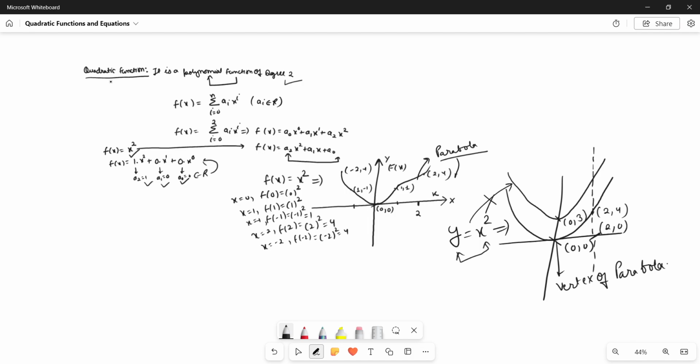Now tell me what is going to be this distance. This distance is nothing but 3 units. And if this is 3 and this is 4, 4 plus 3 is nothing but 7, so this is going to be our 2 comma 7. So we will get y equal to x square plus 3 as the equation of this curve.